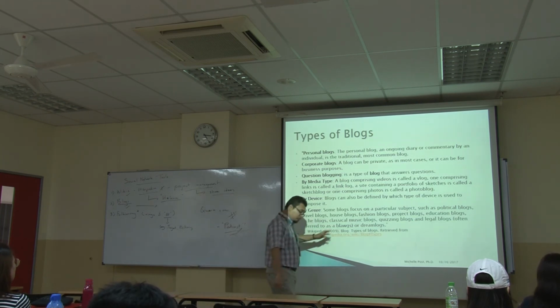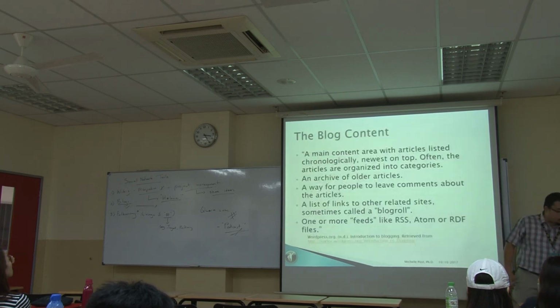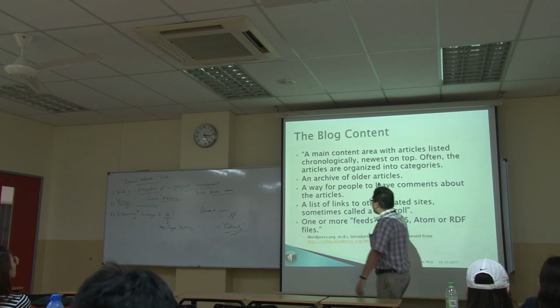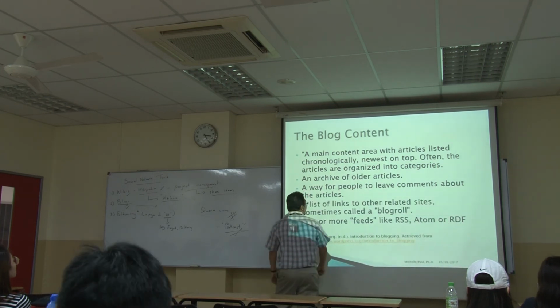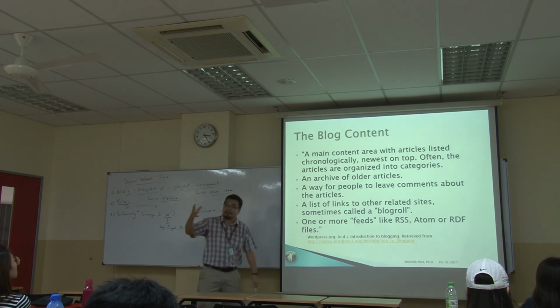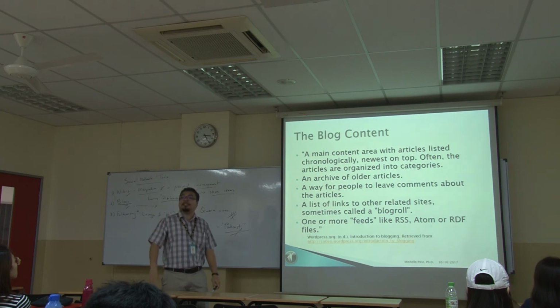And then, what are the contents of a blog? Usually, contents in blogs are what? The most important aspect of a blog that differentiates blogs from, let's say, not just personal opinion, but how that particular opinion is being put.